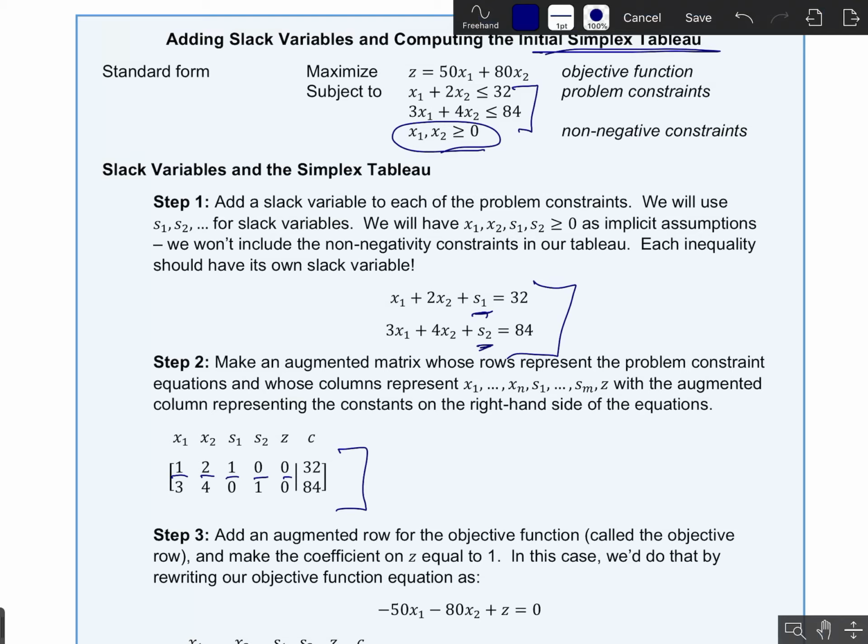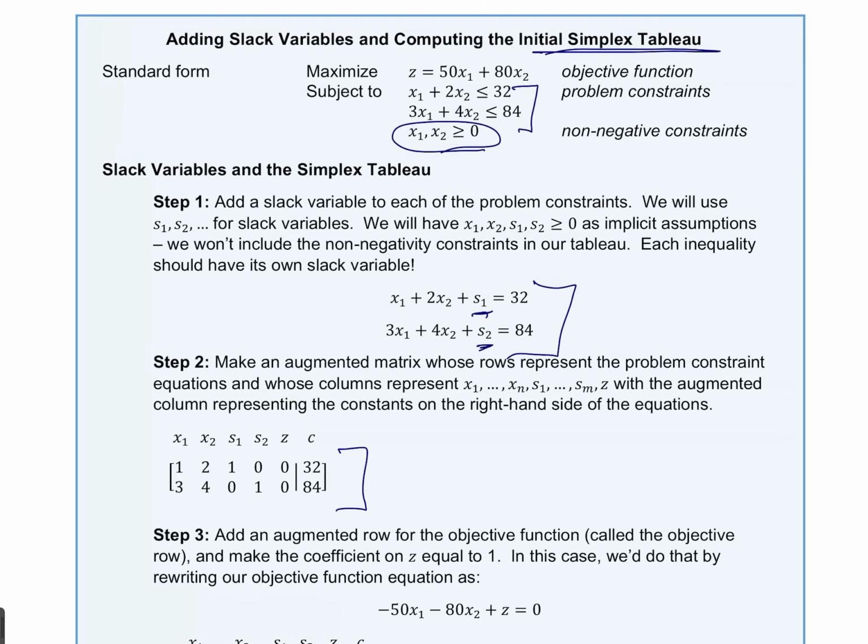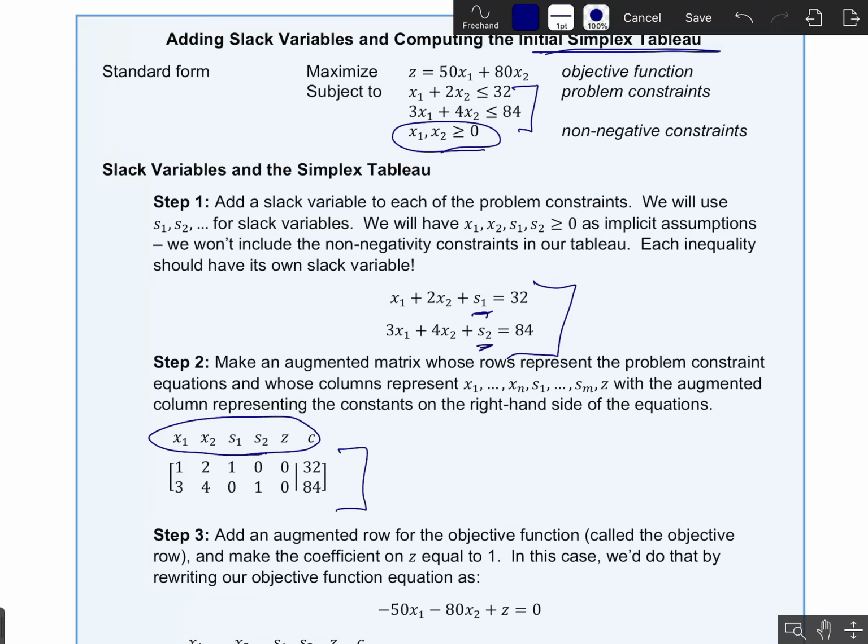here there's a slight difference, well, I don't know if it's really a difference, but what I'd like for us to do is record all of the variables that we started with at the beginning, so x1 and x2 in this case, and then record your slack variables, and then we'll record the coefficients on z, and then we'll record the constants that are on the right side of the equal signs.